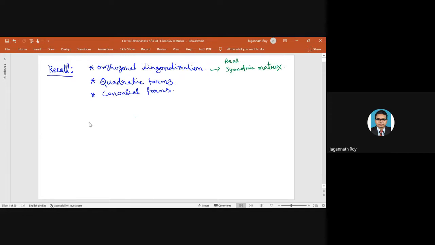For a real symmetric matrix, we have seen that P inverse AP equals D, the diagonal, if this matrix P becomes orthogonal. This model matrix, the collection of the eigenvectors of the matrix, is actually the model matrix.